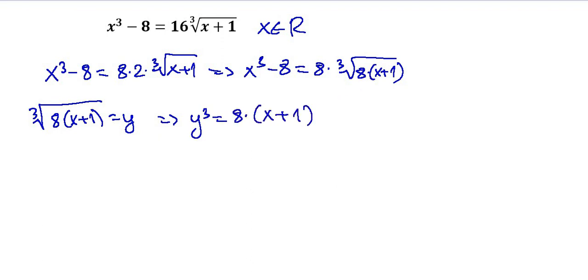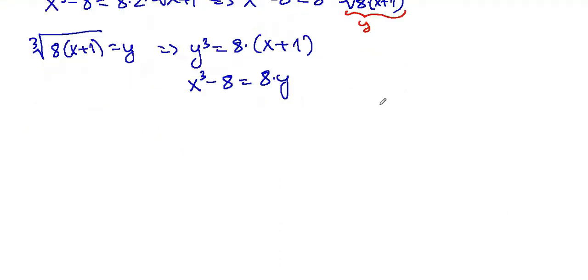So as you can see here, in this equation, this expression is equal to y, right? So therefore, the second equation will look like this. X cubed minus 8 is equal to 8 times y.